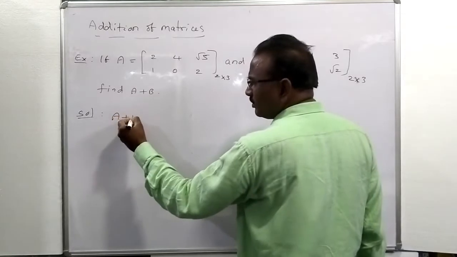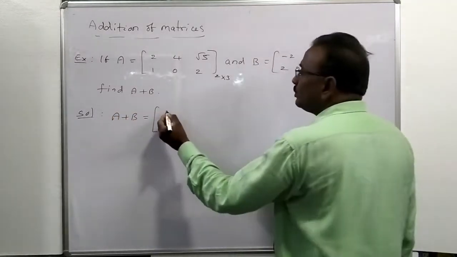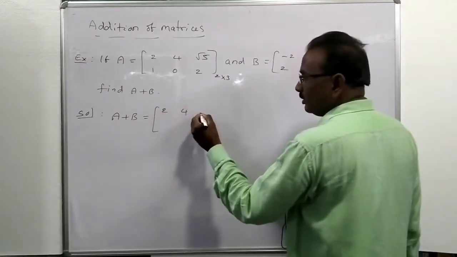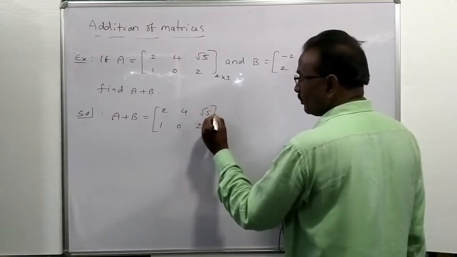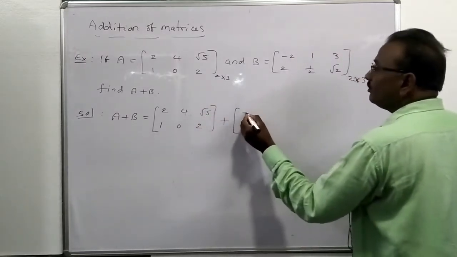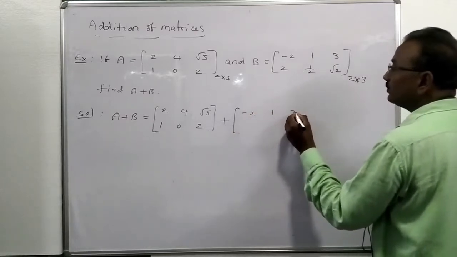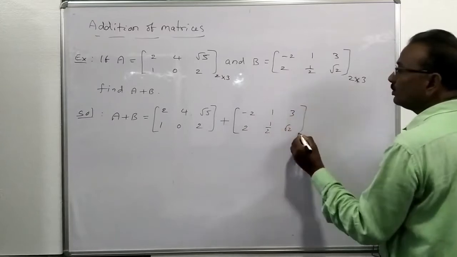Solution: A plus B is equal to, what is the matrix A? [2, 4, root 5; 1, 0, 2] plus, what is the matrix B? [-2, 1, 3; 2, 1/2, root 2].